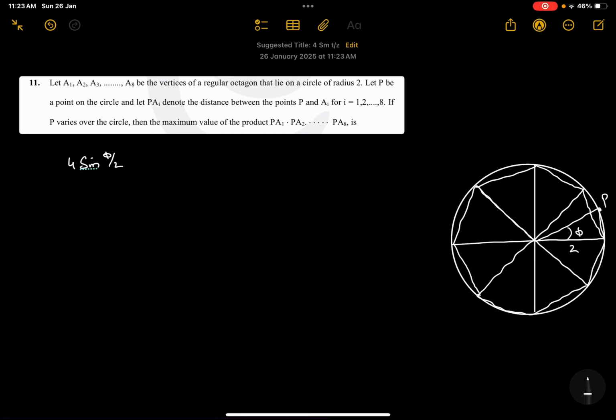And now moving clockwise, the angle from the next vertex becomes phi by 2 plus pi by 4. So the distance from that will be 4 sine of (phi plus pi by 4) by 2.